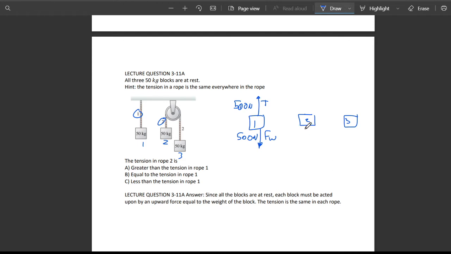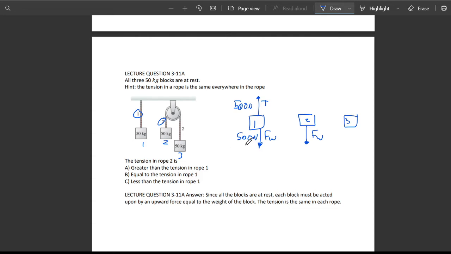And let's just draw the downward forces first and see if it makes sense that either of these two blocks affects the tension of the string, of the rope. So we know that the downward force is the force of weight, and the gravitational force, weight, is equal to mass times the gravitational acceleration.